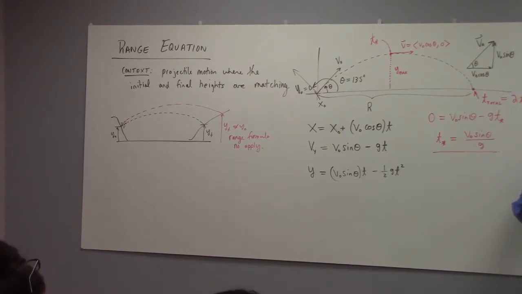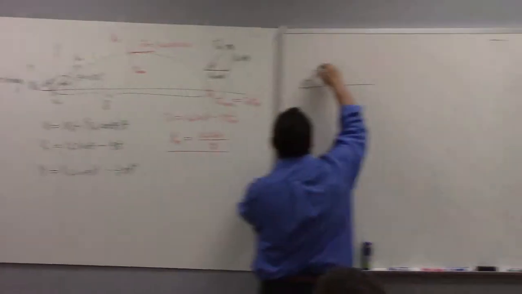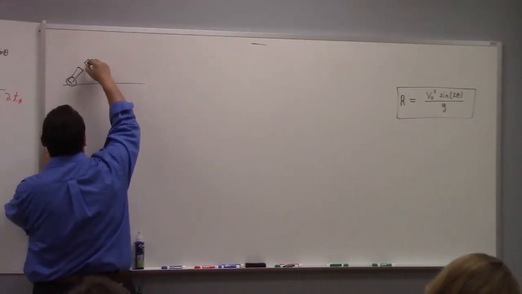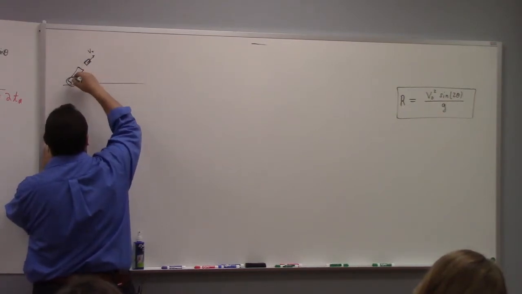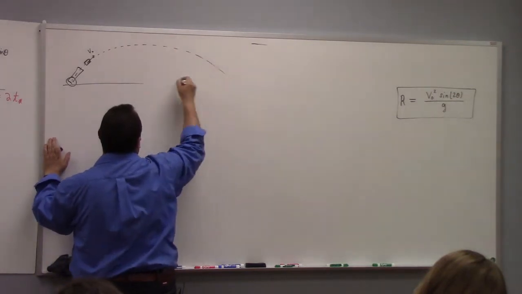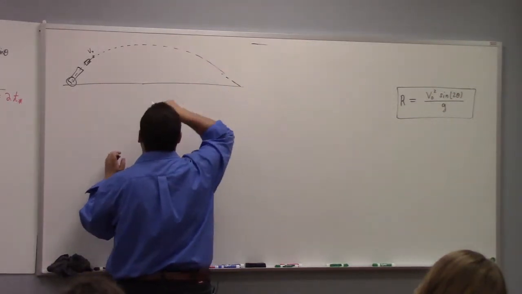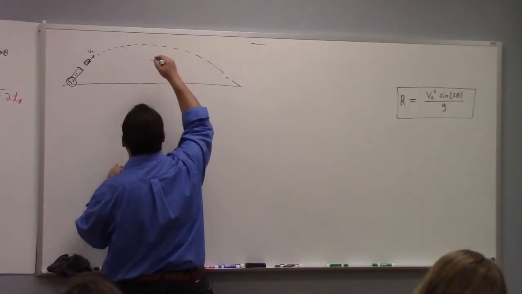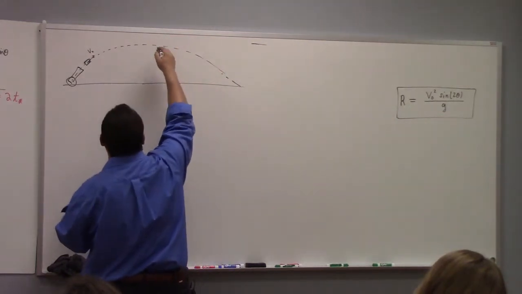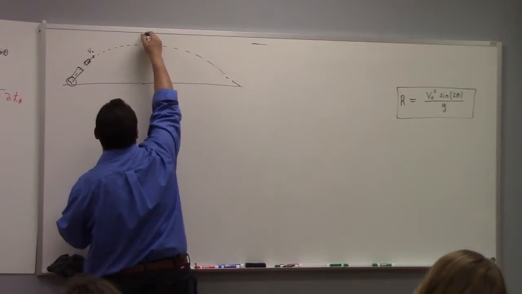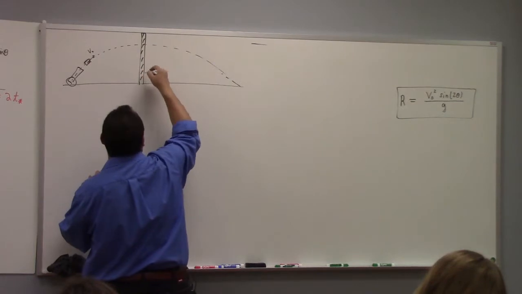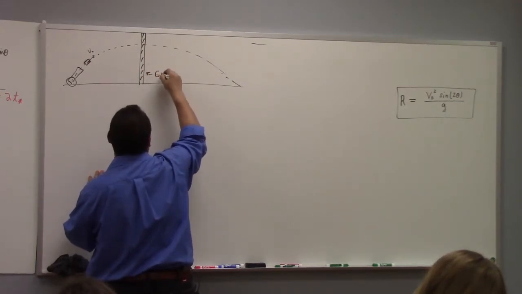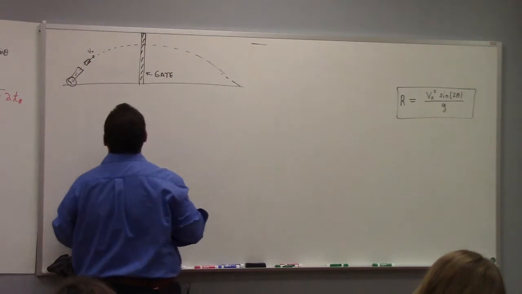Suppose you've got a cannon firing a bullet with velocity v naught. And Madara is here, and he's put some sort of gate that's giant and very, very tall. This gate is there to block the bullet.